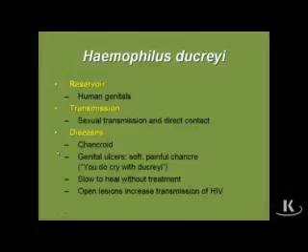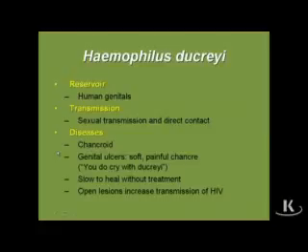Now, in direct contrast of that, you have Treponema pallidum or syphilis, and that is a non-tender, non-painful chancre. So that's going to be the number one thing you're going to have to differentiate when they're talking about chancroid. Now, open lesions, and this is not unique to Haemophilus ducreyi, are going to help aid the transmission of HIV.